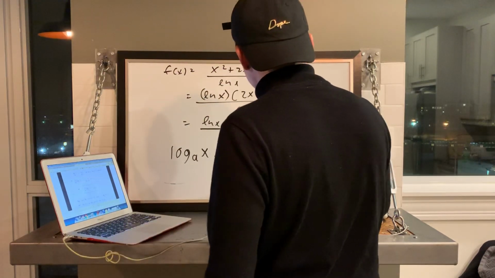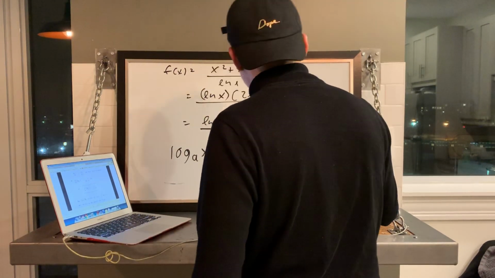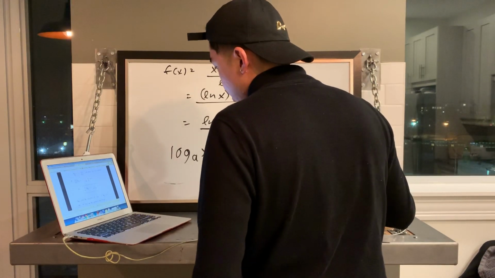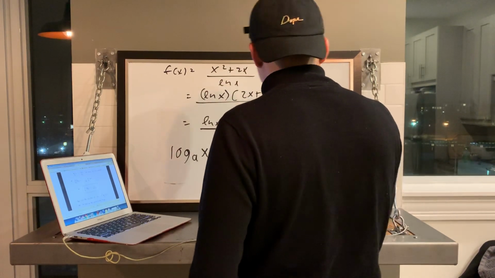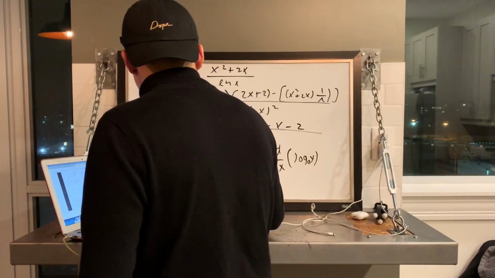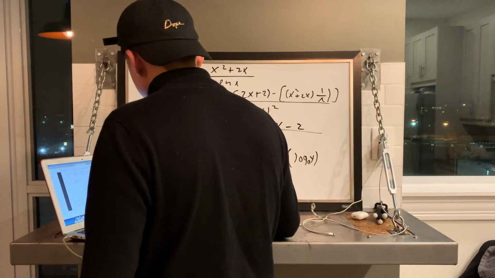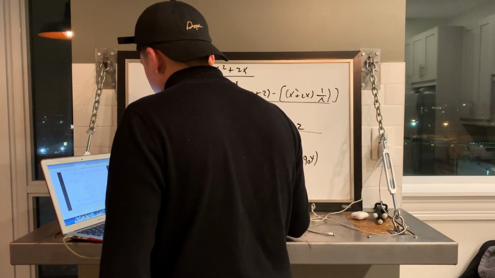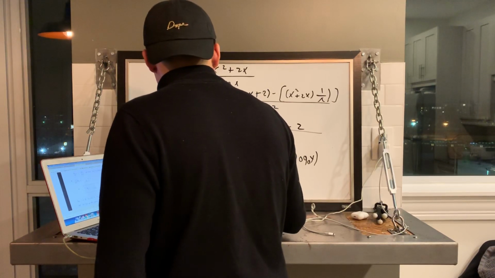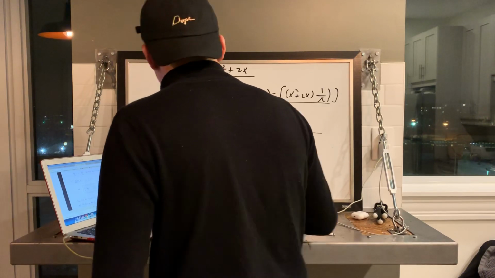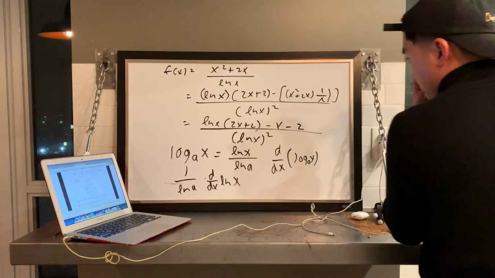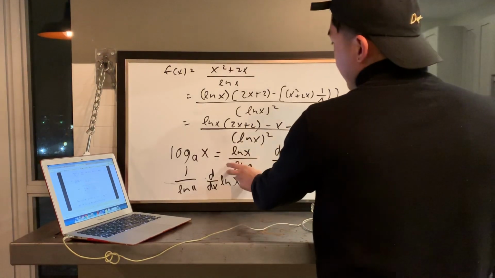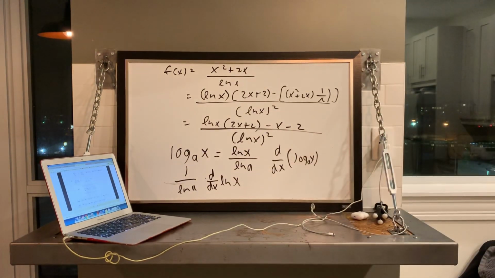So you differentiate log base a of x, you get 1 over ln a times the derivative of ln x, because that's a number right there, so you'd put that in the front.